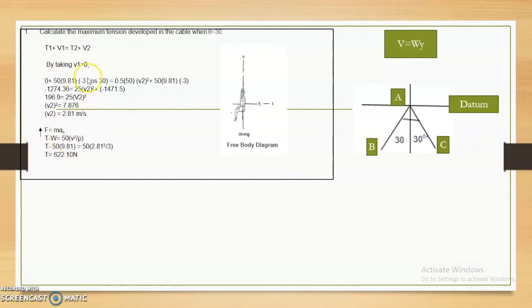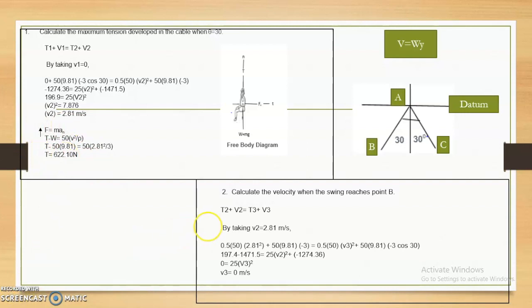By using F equals M a_n, we can know that T minus W, it's minus W because W acts downwards, equals 50 a_n, where a_n equals V squared over the radius of curvature, which is 3. So if we solve the equation, we can get the tension equals 622.10 N.